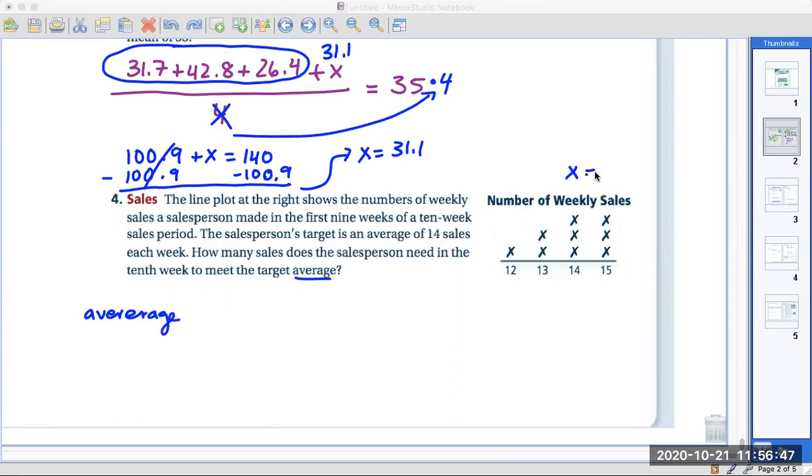So X is 10th week sales. It just happens to look like these X. So we have a 12 plus we got 2 13ths, we got 3 14ths and 3 15ths.